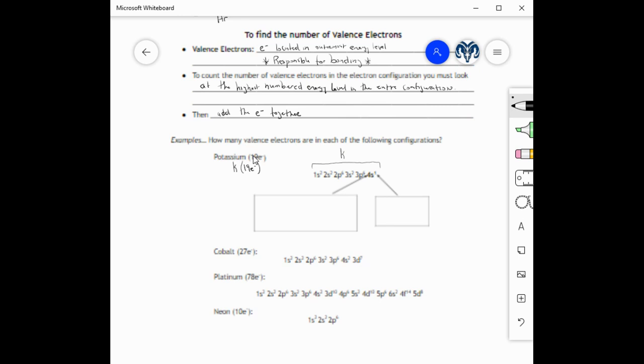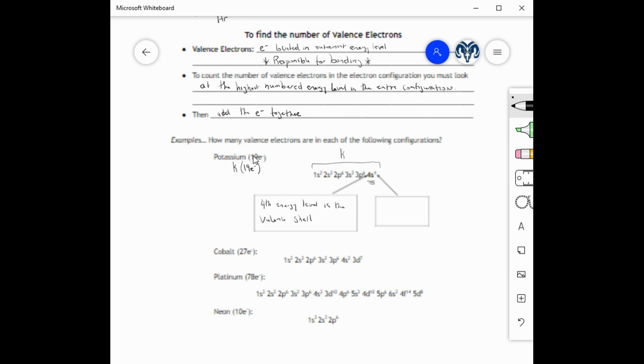So what we're going to do is look at that energy level, which is 4. So the 4th energy level is the valence shell.